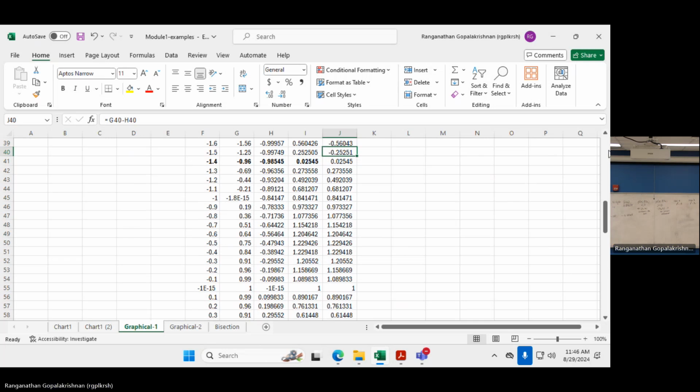Okay. Now you do the same decision making. What is f of a times f of x naught? This multiplied by this. Negative and negative multiplied gets you a positive number, which implies a to x naught is no longer relevant.